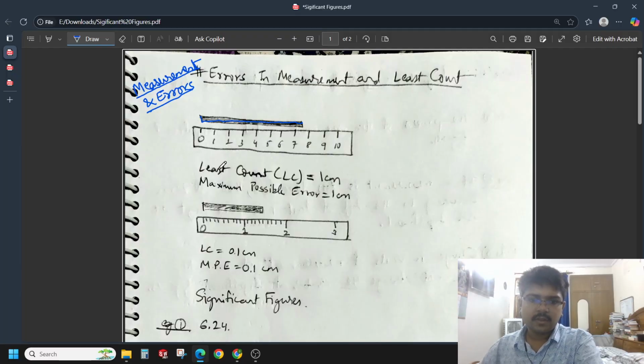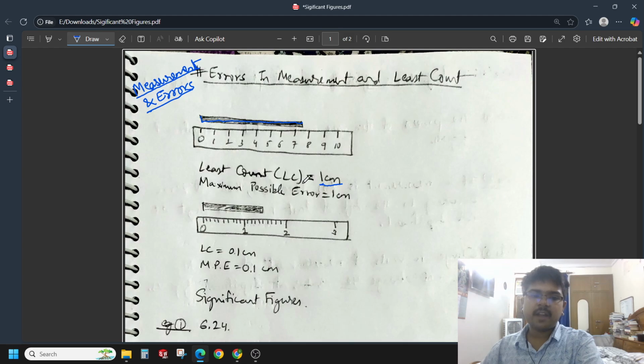So what is the least count of this scale? The least count of this scale is the least value that it can measure. In this case, it is from 0 to 1, that is 1 centimeter. So we have 1 centimeter as the least count for this object.